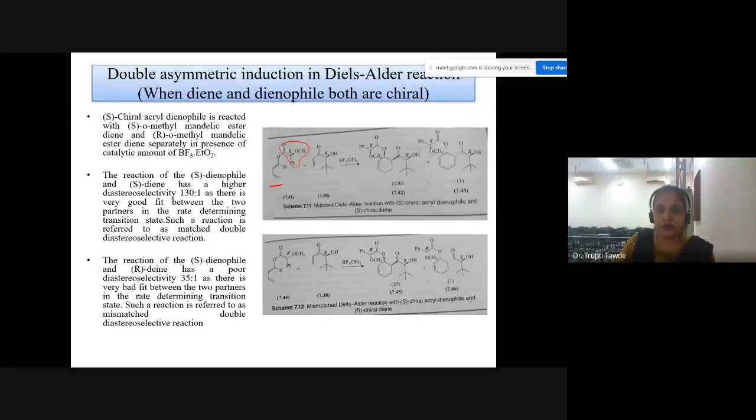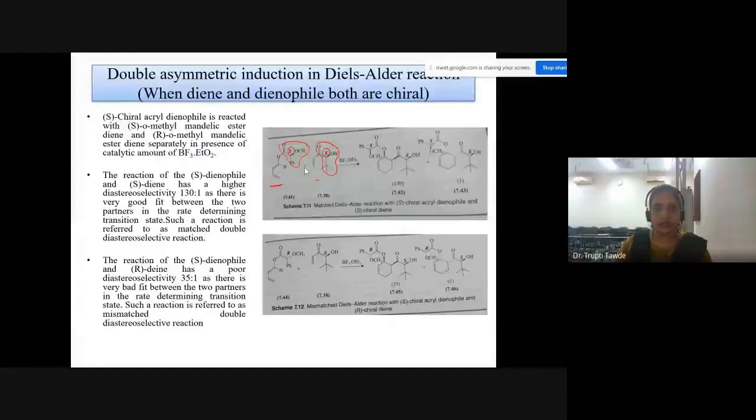This is my dienophile having this chiral auxiliary part. Right now you can see this is having S configuration and this is also having S configuration. It is not necessary that the configuration of both be similar. Okay, we have taken S for this and S for that.